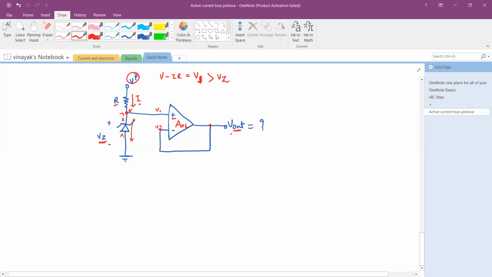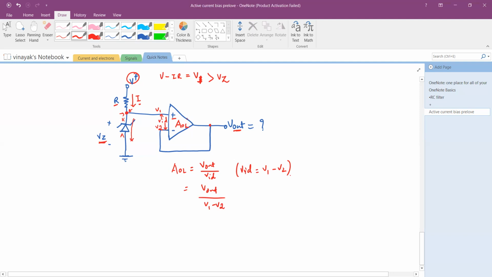The output of the amplifier is given as: your gain is basically V output divided by VID, where VID is the difference between these two voltages. VID is V1 minus V2. Okay, that's it. So you can write V out divided by V1 minus V2.